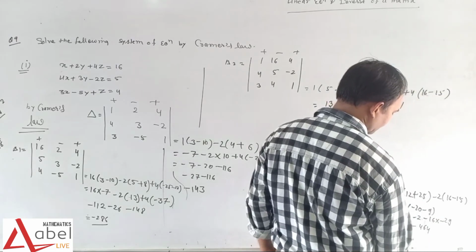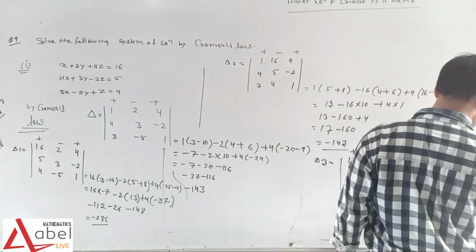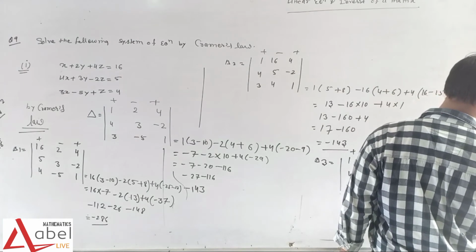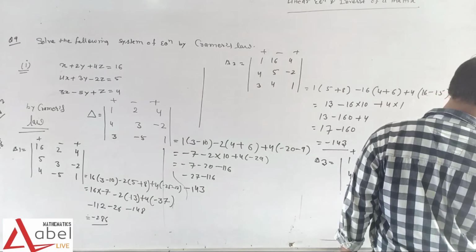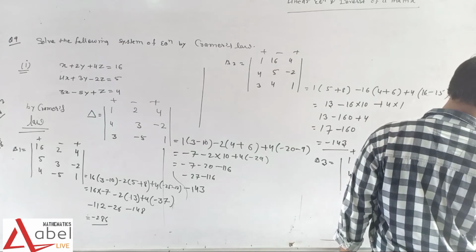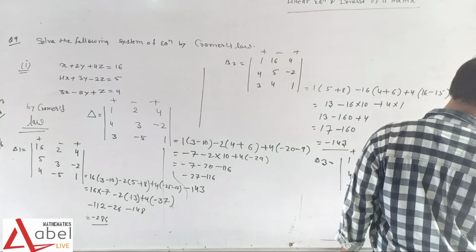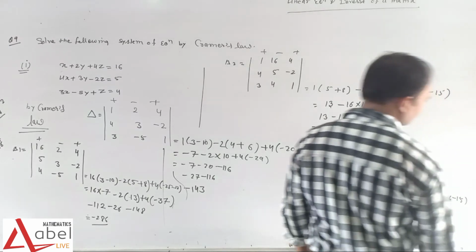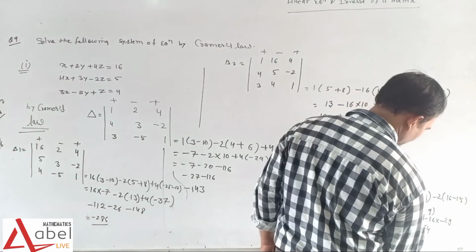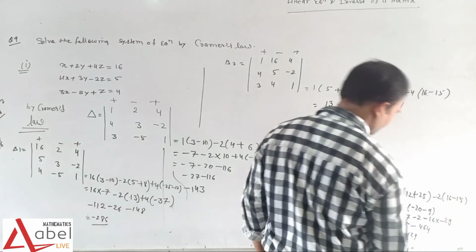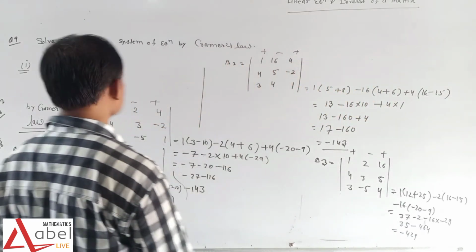So what about here? It is 429 minus 429. So students, the value is minus 429.